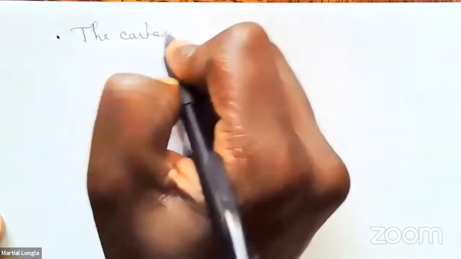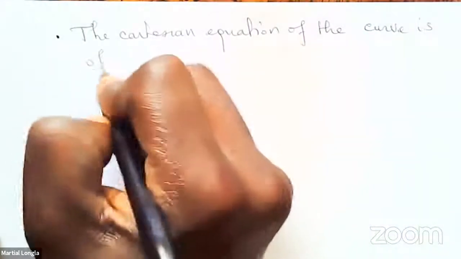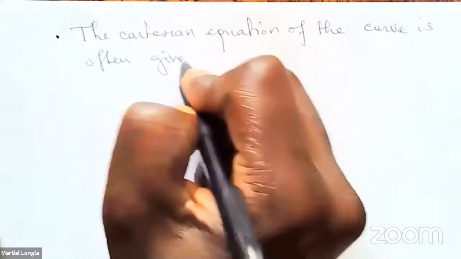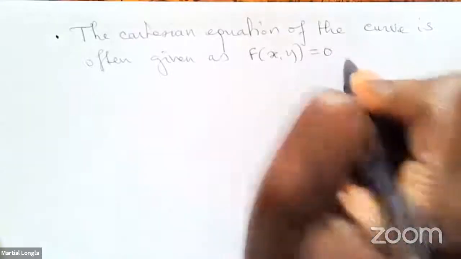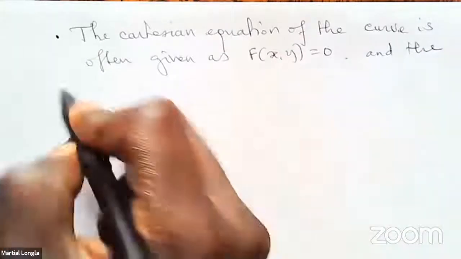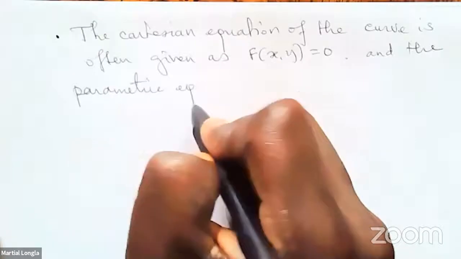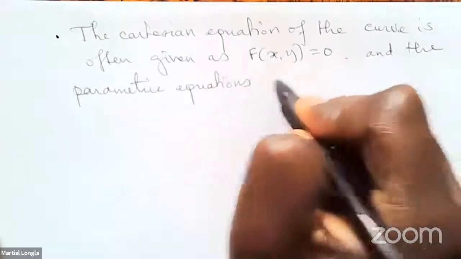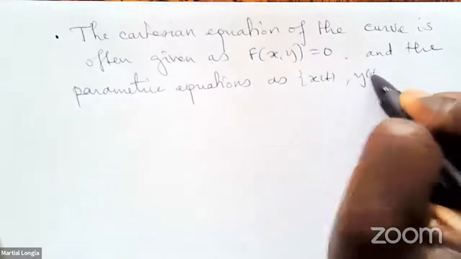The Cartesian equation of the curve is often given as a function of x, y equals 0, and the parametric equations as x of t, y of t.